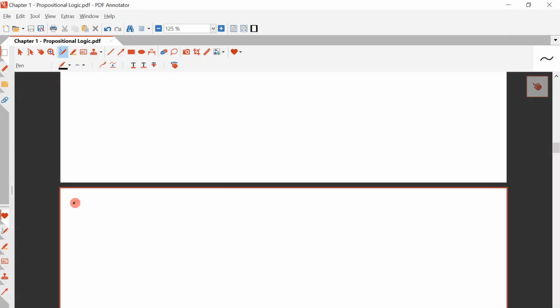Number 3 connector is implication. And this is by far the most complicated.